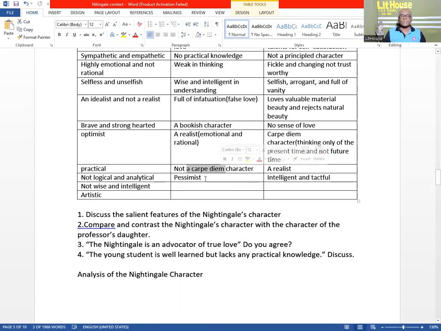He's a pessimist sometimes. Pessimist means, I told you, the opposite of optimist. Sometimes negative. The student is sometimes negative. Why? He thinks he cannot find a red rose. There is no red rose in winter. He does not even think of an artificial red rose.